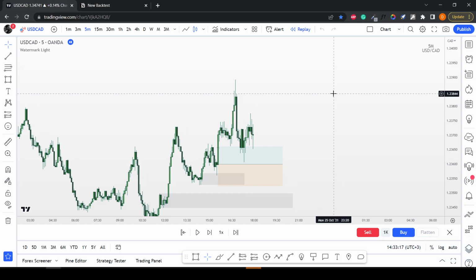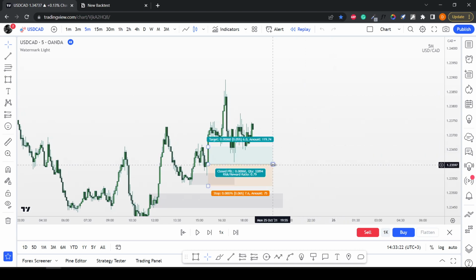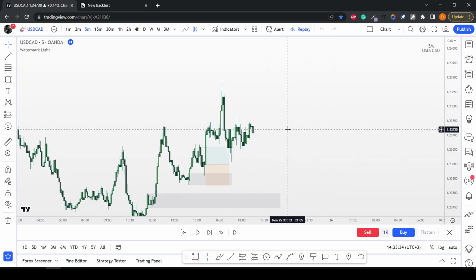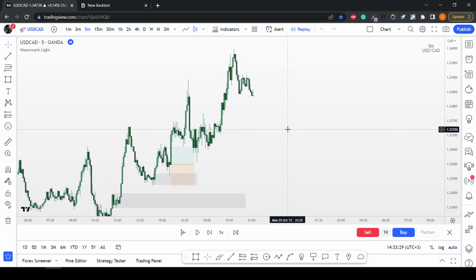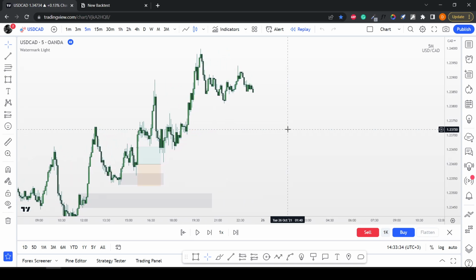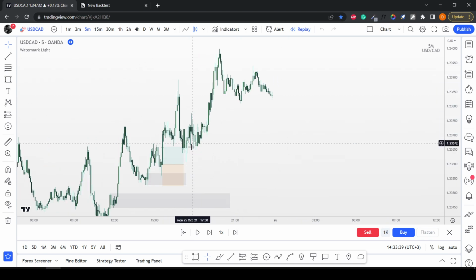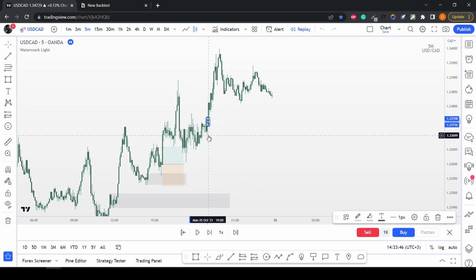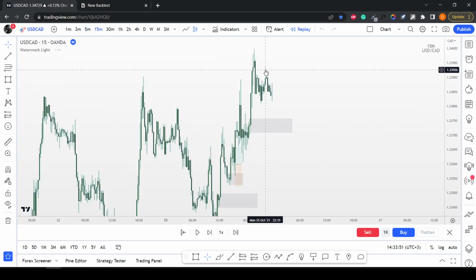And trying to build something. Specifically, it builds this new push up. And now the zones, they lie here. So let's try to catch something.